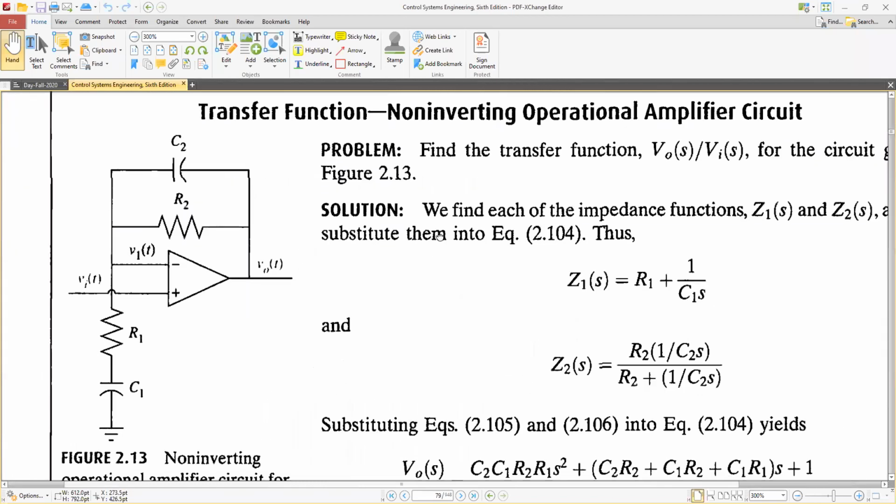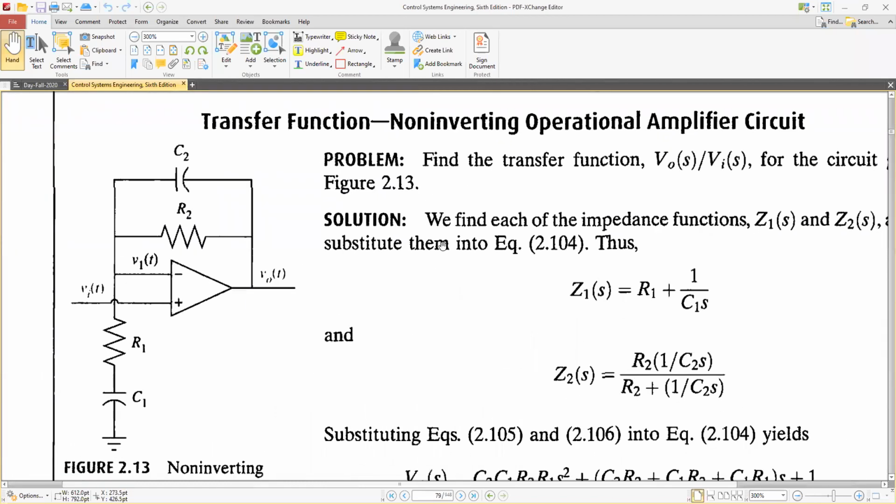When I give you the circuit diagram, you have to identify by yourself what kind of circuit it is, inverting or non-inverting. I would not tell you which one it is, but you have to decide which equation you would use. So that is your test.